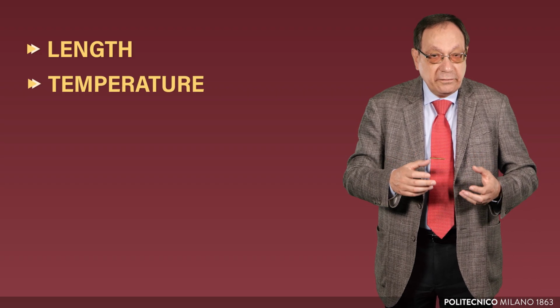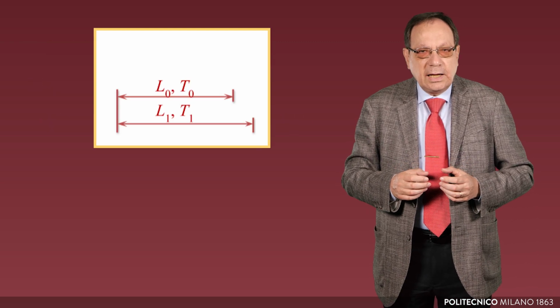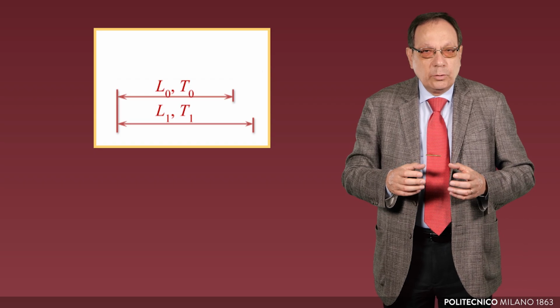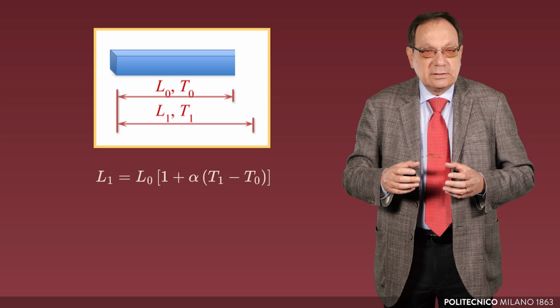For example, if one wishes to measure the length of a metal bar, it is known that the length depends on temperature, which therefore represents an influence quantity. The bar can be geometrically described as a parallelepiped, which at temperature T0 has a length L0.